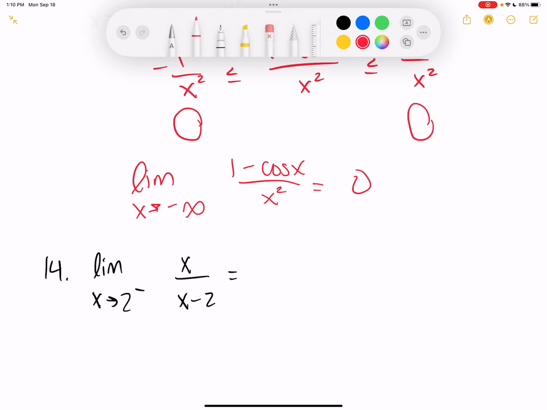So 2 from the left is going to be what? What number could I be plugging in? It doesn't even have to be as close as I sometimes get it. I need something semi-close to it. 0, 1, 2.